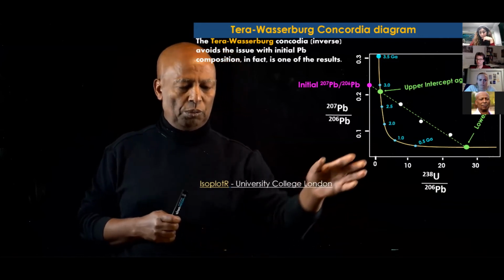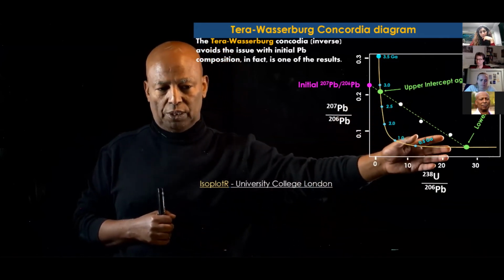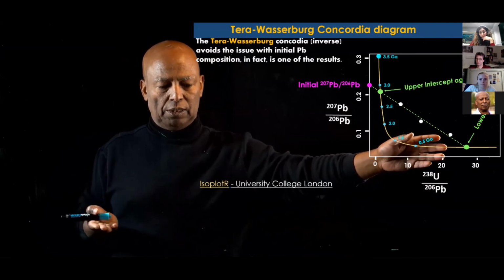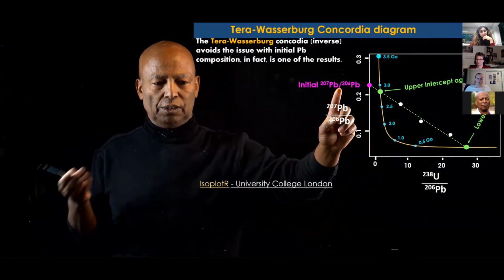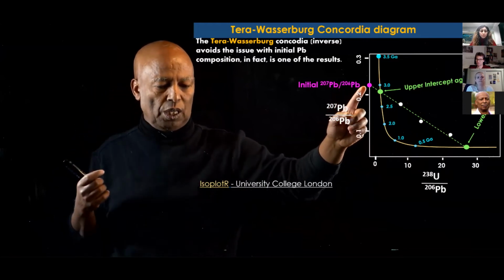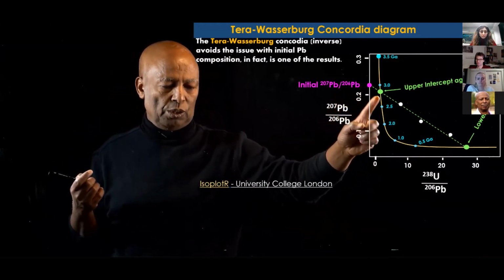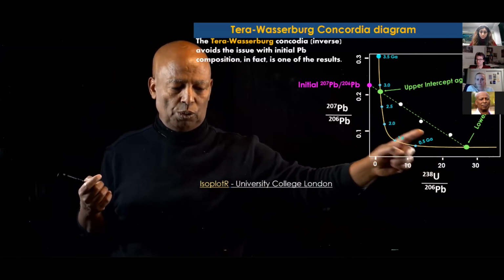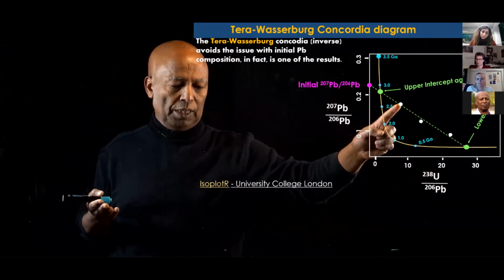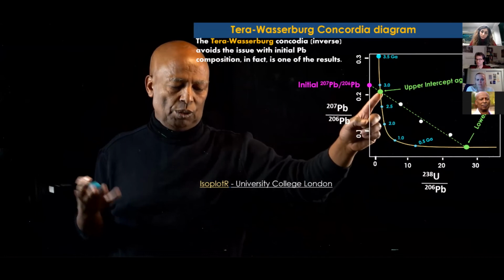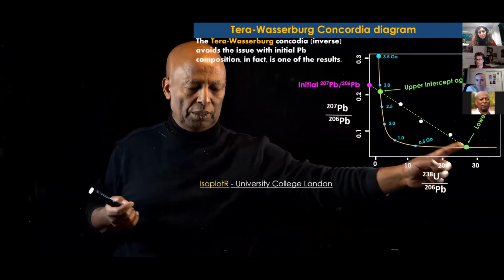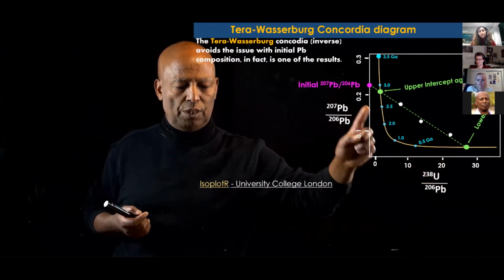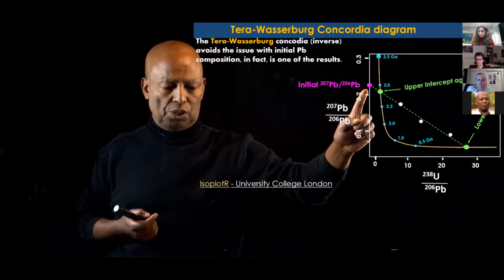The beauty with this system is you can plot the same data, especially for young samples, and you don't have to assume the initial. You can calculate the initial by the projection of your Discordia chord. For most carbonates, the upper intercept ages don't mean much. It's the lower intercept ages that are going to be relevant, but you can get the age and the initial 207 to 206 ratio.